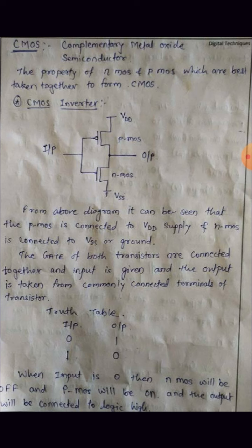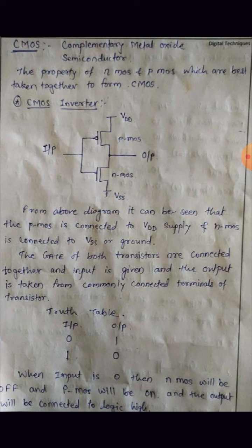From the above diagram, it can be seen that PMOS is connected to VDD and NMOS is connected to ground. The gates of both transistors are connected together and input is given, and the output is taken from the commonly connected terminals of the transistors. So it works as the truth table of NOT gate. If input is 0, output is 1, and if input is 1, output is 0.